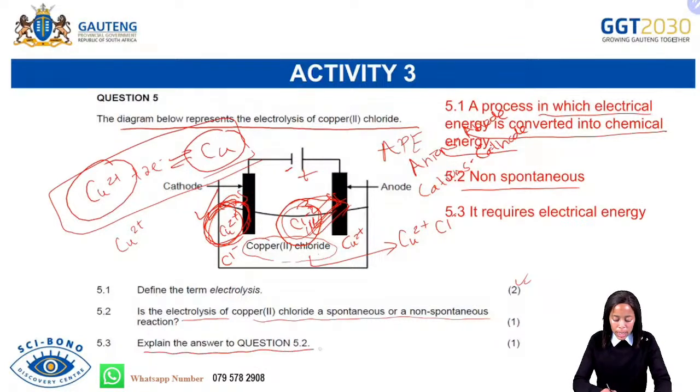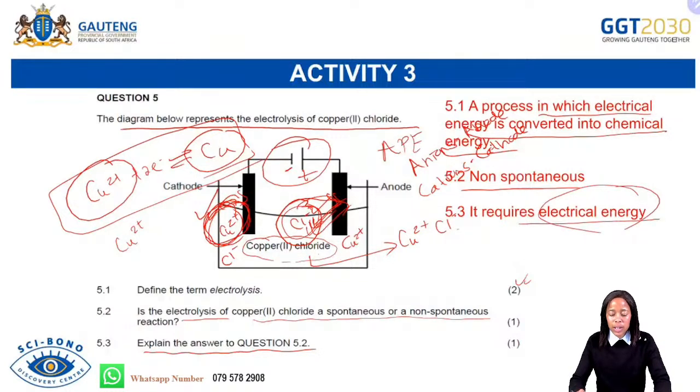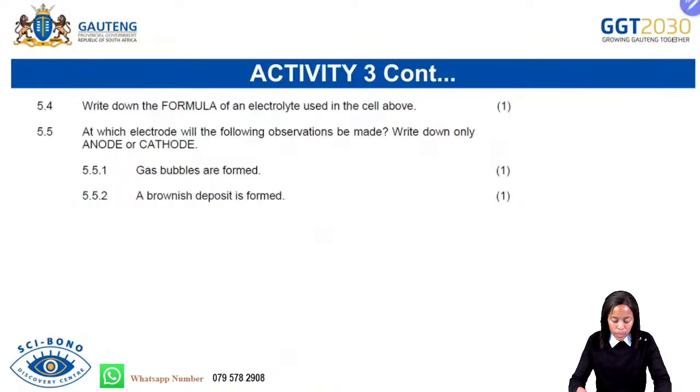Explain the answer to question 5.2. It is non-spontaneous because it requires electrical energy. Because we said that electrical energy is converted to chemical energy.